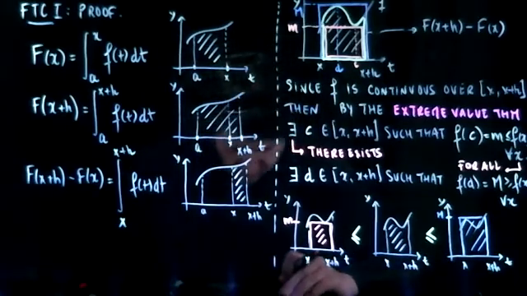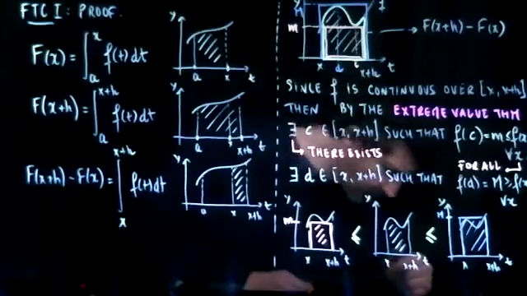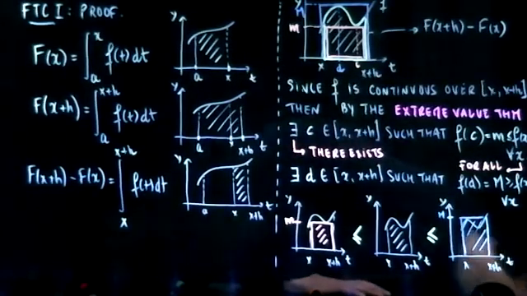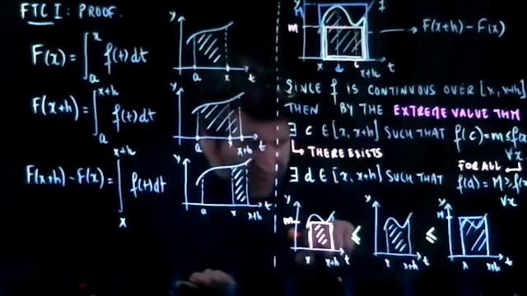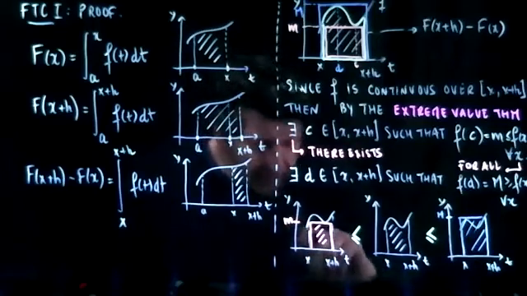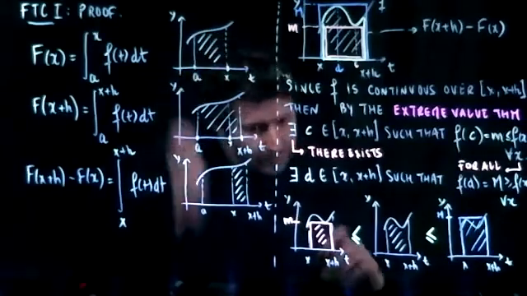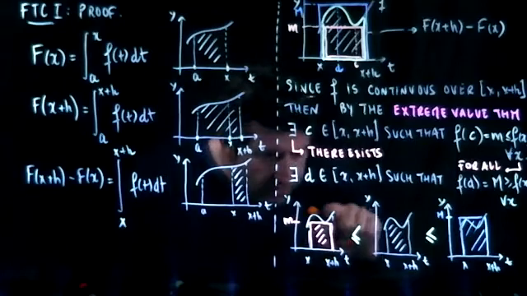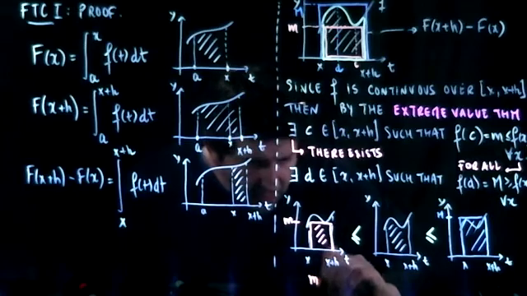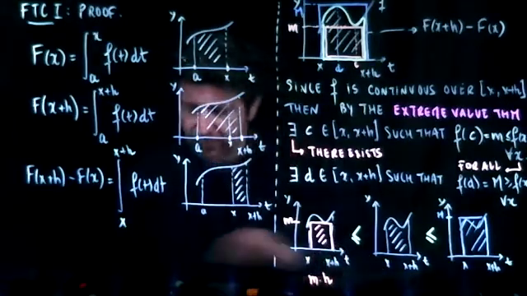Okay, let's go a bit further here. What is this area here? Could you tell me what this is? A rectangle. What's the area of this rectangle? Base times height. What is it? H times m. Very nice. So m times h. Perfect.